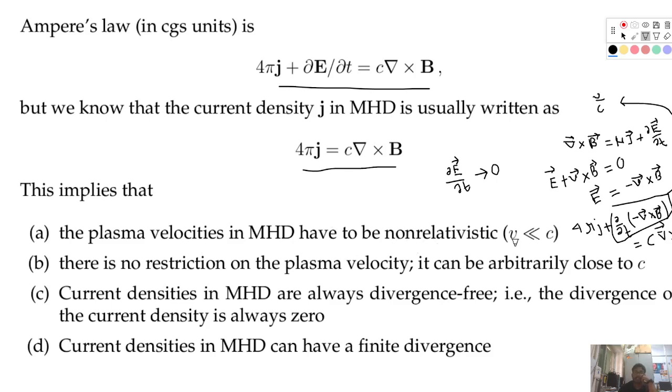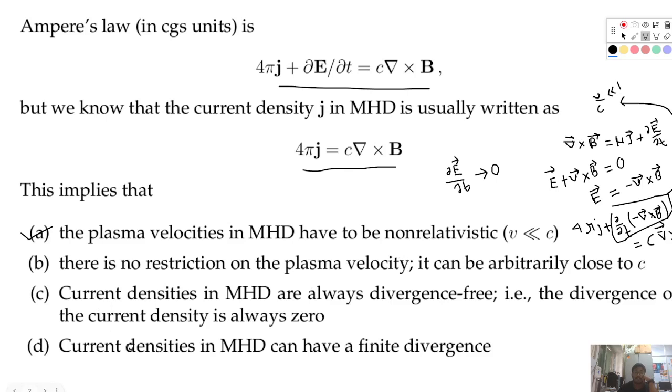If v is less than c, then v by c is less than 1, so we can neglect this term, eventually neglecting the displacement term, and we are left with this equation. So the plasma velocity in MHD has to be non-relativistic. This is one of the correct options. The option saying there is no restriction on plasma velocity, that it can be arbitrarily close to c, is not correct because it has to be non-relativistic.